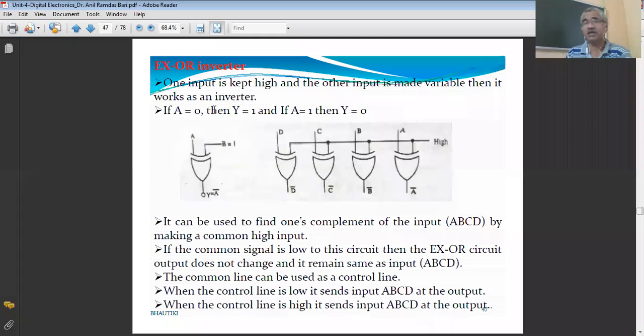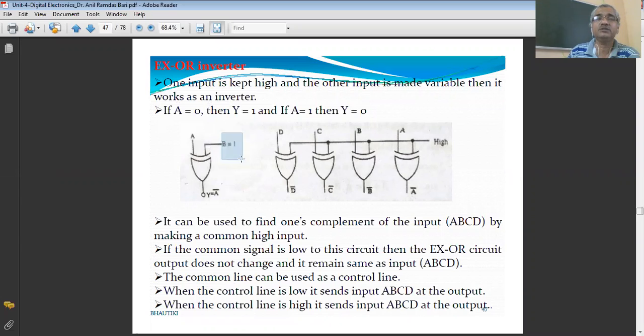Now the next is how to produce the inverter, or the NOT gate, using the exclusive OR gate. This is how the exclusive OR gate is converted into the NOT gate. One of the inputs of the exclusive OR gate is kept at 1.